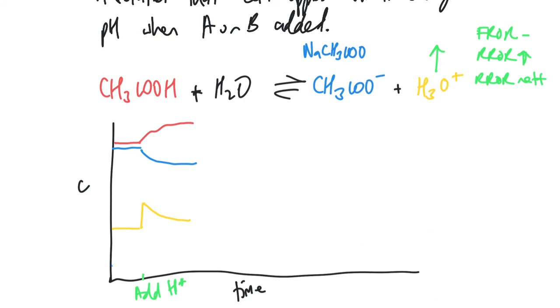Okay. I add more H+ over here. It does the exact same thing. The point is that at this point here and this point here, even though I've added acid, the pH hasn't changed much. Why hasn't the pH changed much?